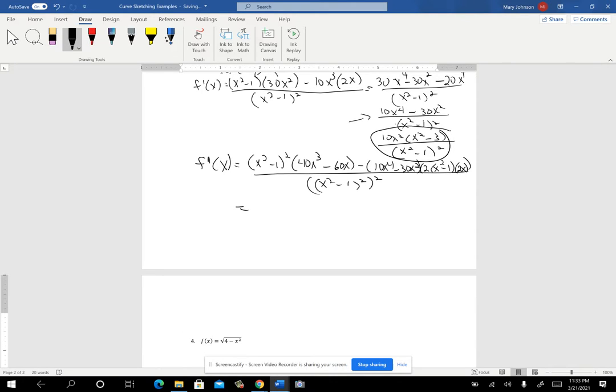So here, let me just leave the first one as is for a minute. It's not in too bad shape. It'll be easy to see what to factor. But this one's kind of messy. So that's 2 times 2 is 4x times x squared minus 1 times that 10x to the fourth minus 30x squared.